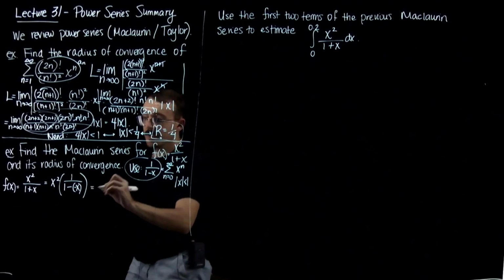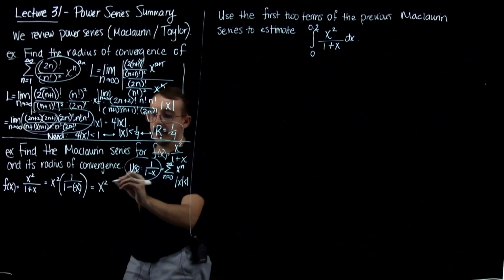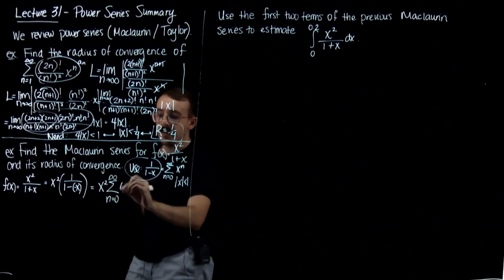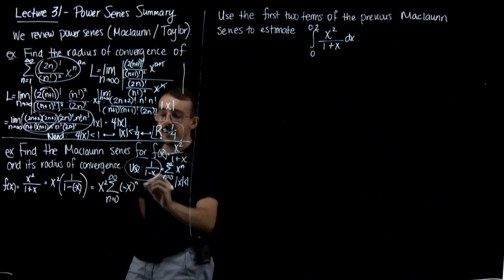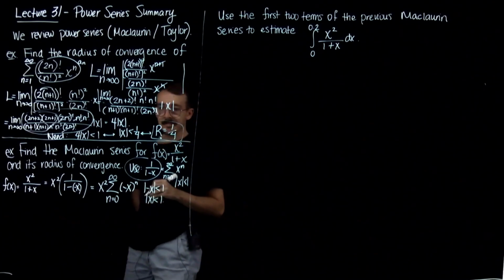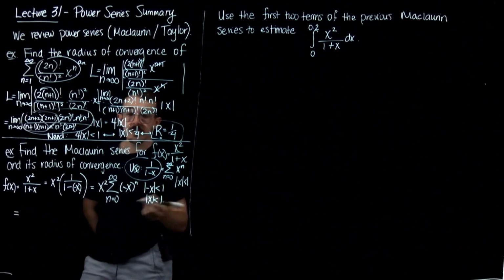So this is the same thing as x squared. And then this part in parentheses becomes summation n equals 0 to infinity. And then this part gets plugged in, so I have negative x to the n. And this converges when the absolute value of negative x is less than 1. But that's equivalent to saying the absolute value of x is less than 1. I'm just going to write this a little neater and remind you of some of the algebra that you can do.